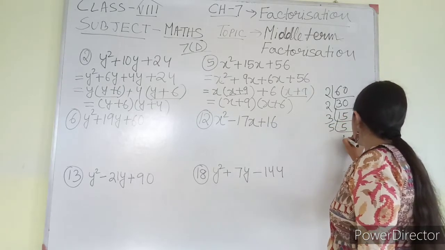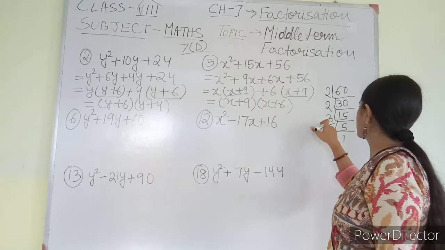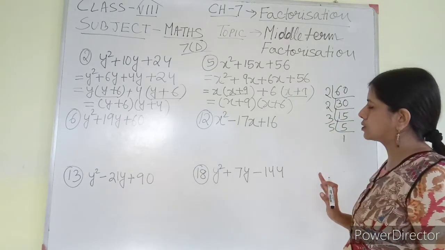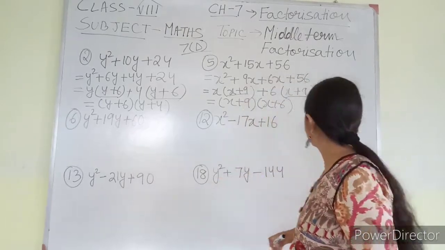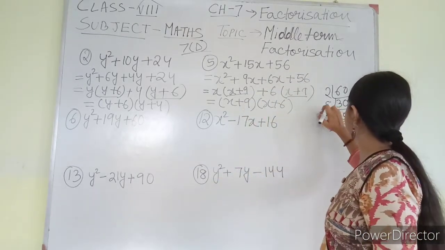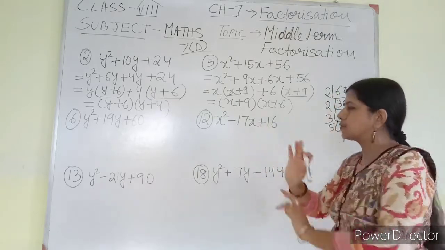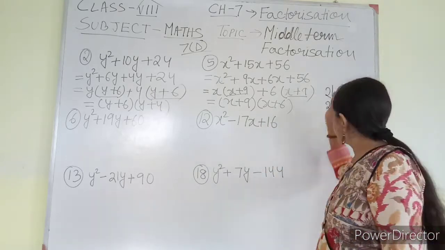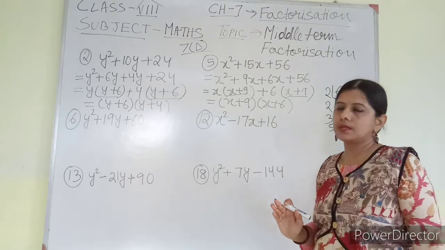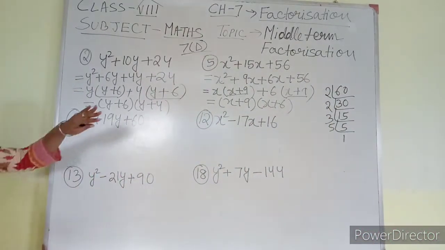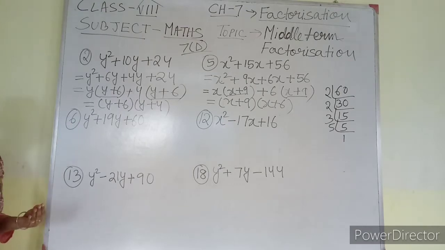So these are the numbers 2, 2, 3 and 5. These have to be divided into two terms so that I can get 19. 3 5s are 15, 2 2s are 4. So 15 plus 4 is 19. This way you can get the numbers. As it is a bigger number, I have shown it. If you can do it on your own, no need to show it.